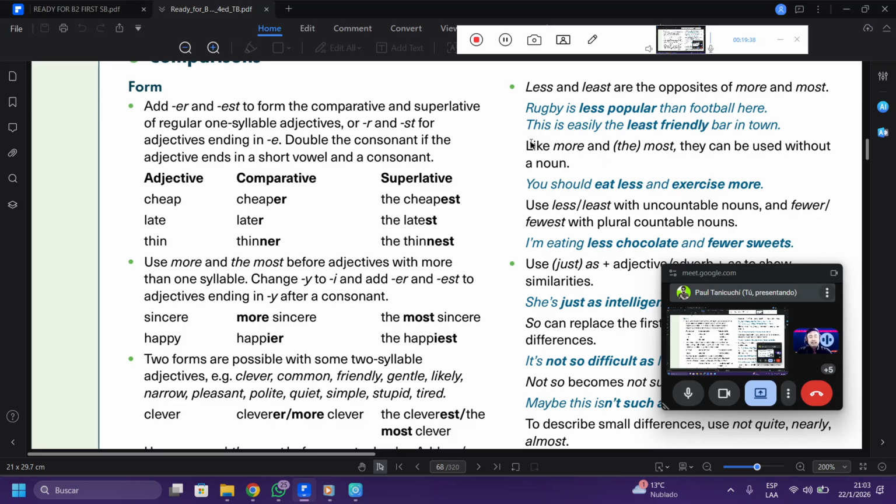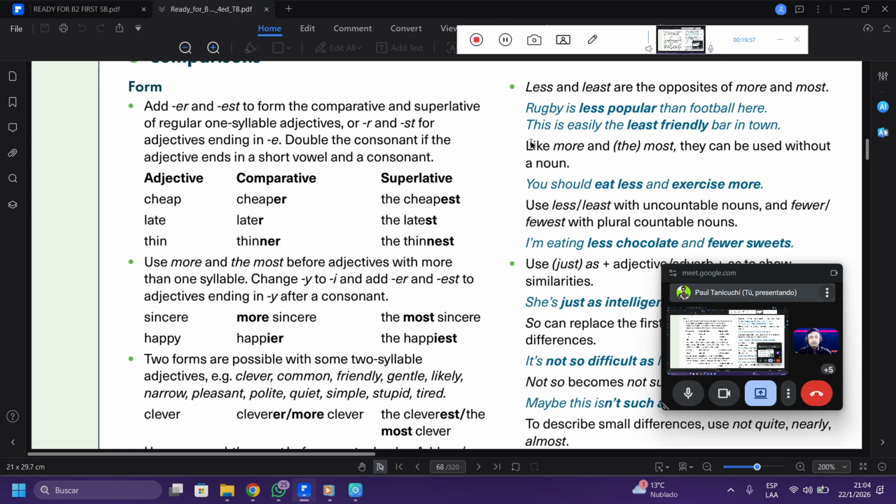Ecuador is the least beautiful country in the world, for example, like that. Okay, don't worry. Yeah. Abigail, please, you go.